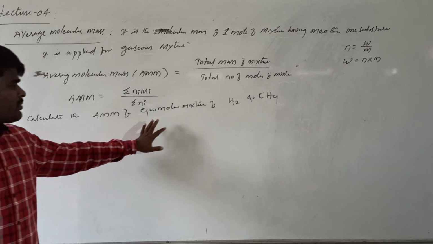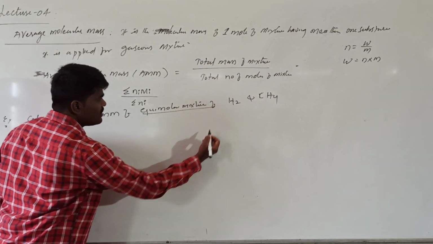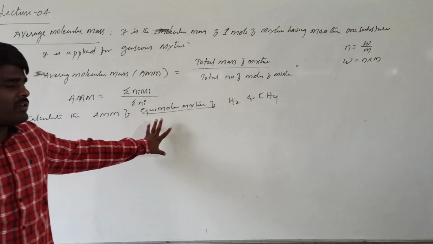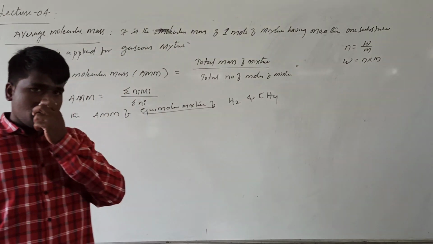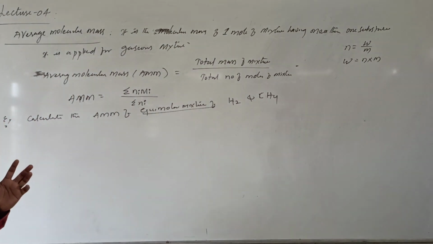Calculate the average molecular mass of a mixture containing H2 gas as well as methane gas. What is meant by equimolar mixture? That means a mixture having equal moles of both the substances. The mixture having equal moles of all the gases will be called an equimolar mixture.